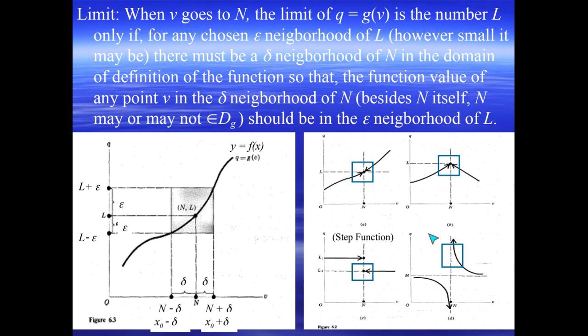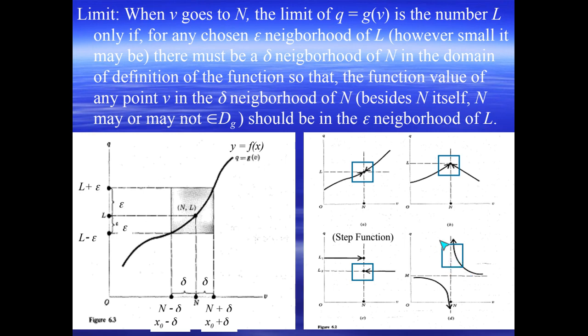I can choose a very big one, but after some point, when I diminish epsilon a little bit, the other half of the function will remain outside the frame.